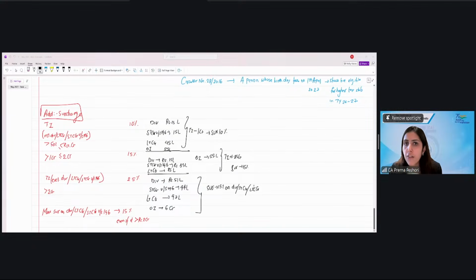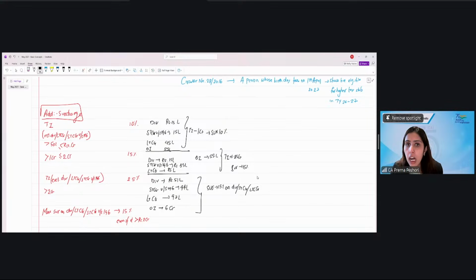Right? Because if you look at it, 51 plus 44 plus 97 is 192. So that is more than 1 crore. So in that particular case, I will get the surcharge of 15%.